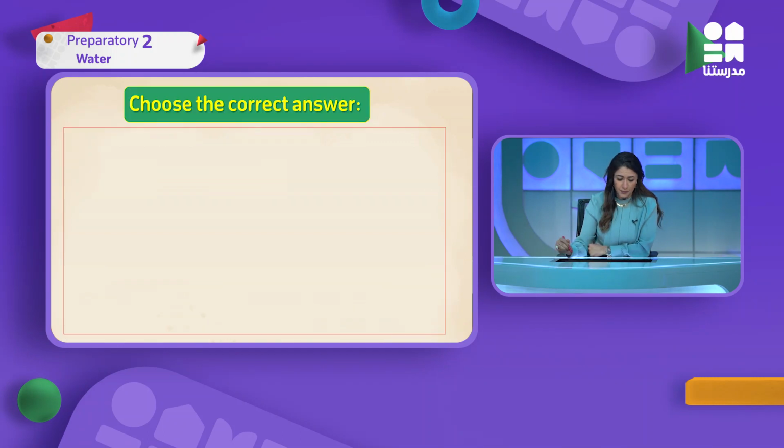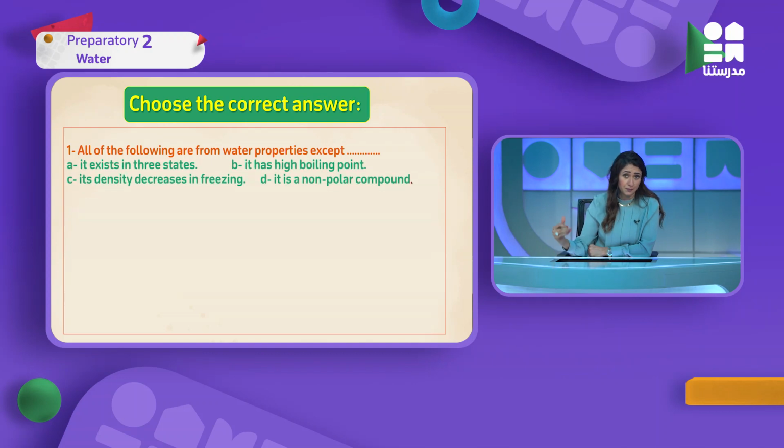Okay, let's take another choice. It says all the following are water properties except: it exists in 3 states, it has a high boiling point, its density decreases in freezing, it's a non-polar compound.